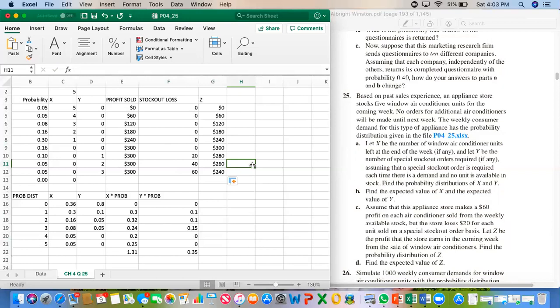Now we're going to do the probability of these. So let's do P of Z, probability of Z. What's the probability that you get zero profit? 5%. Perfect. So let's put 0.05.